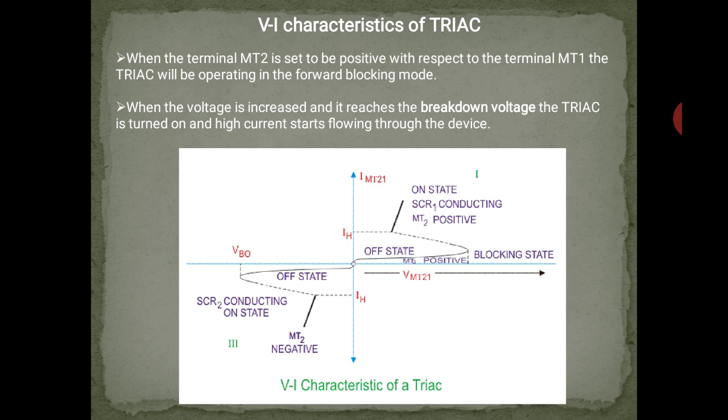During the initial stage, due to the resistance of the triac, a small leakage current flows through the device as the applied voltage is less than the breakdown voltage. When the voltage is increased and reaches the breakdown voltage, the triac is turned on and high current starts flowing through the device.